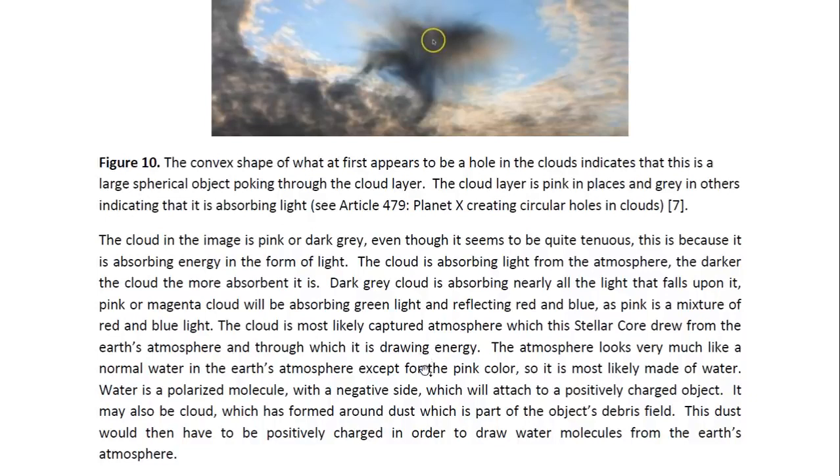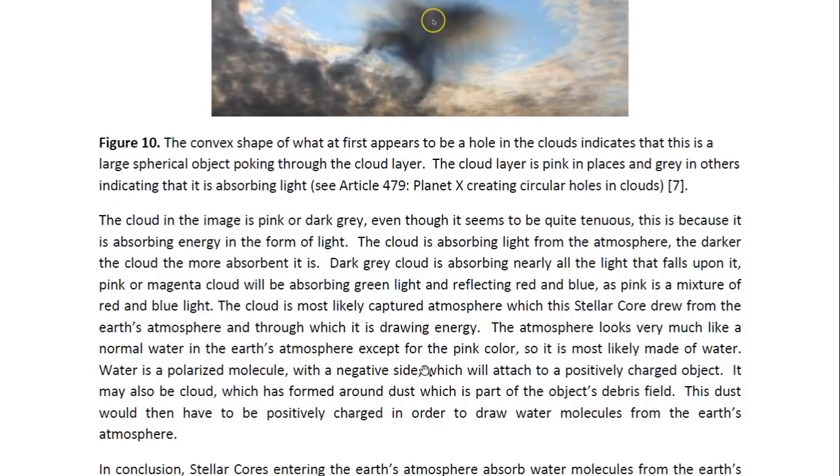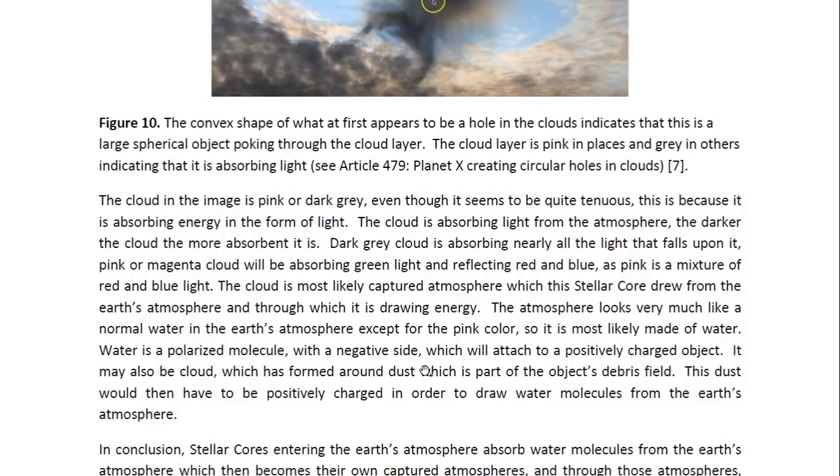Pink or magenta cloud will be absorbing green light and reflecting red and blue, as pink is a mixture of red and blue light. The cloud is most likely captured atmosphere, which the stellar core drew from the Earth's atmosphere and through which it is drawing energy. The atmosphere looks very much like a normal water cloud in the Earth's atmosphere, except for the pink color, so it is most likely made of water.